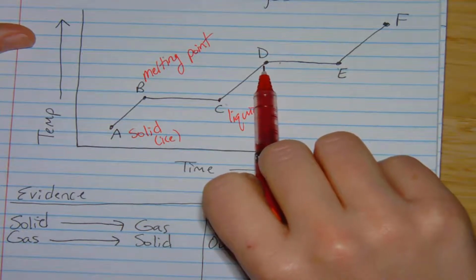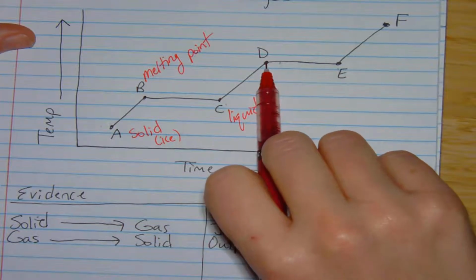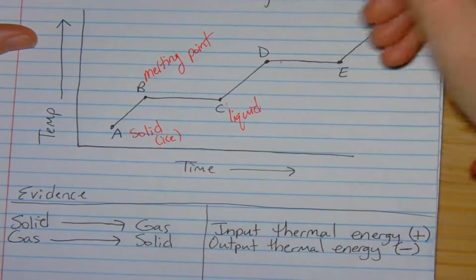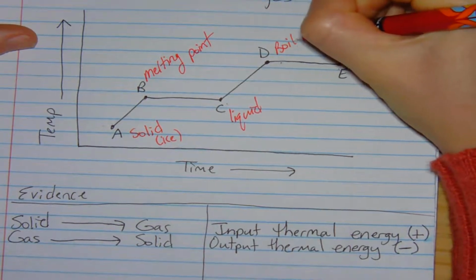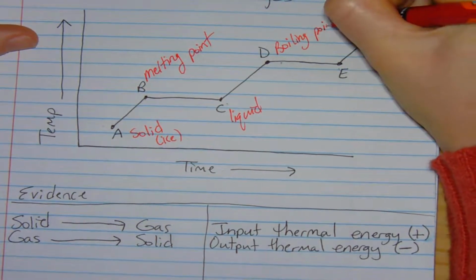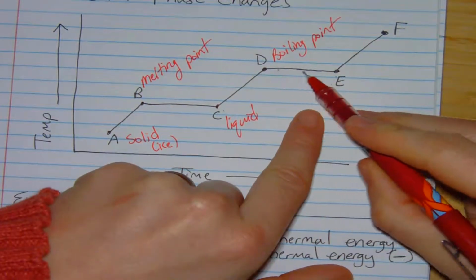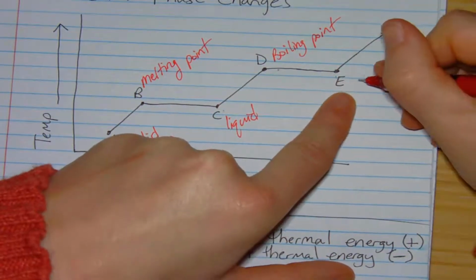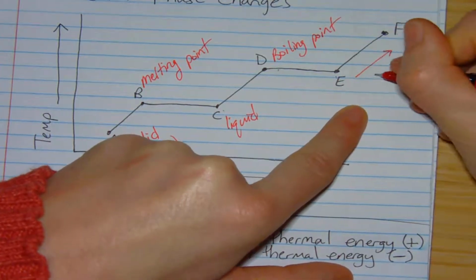So the process where we're going to take this liquid and start to transition it would be our boiling point. So we're going to take the liquid and turn it into a gas. So we would see a stabilizing temperature until we get here, and now really E through F, it doesn't matter.